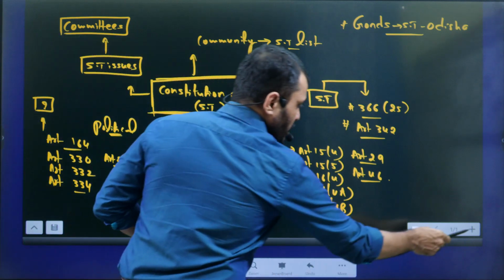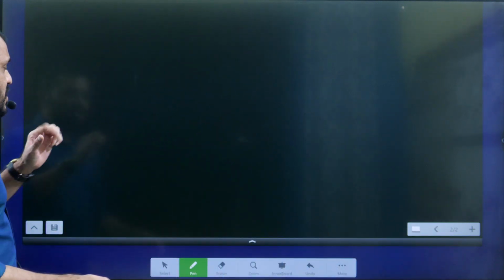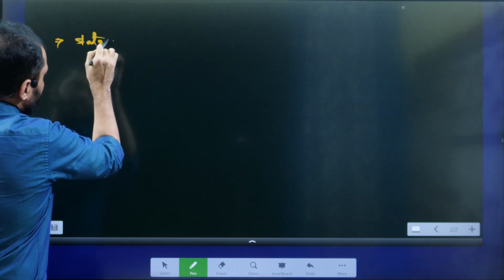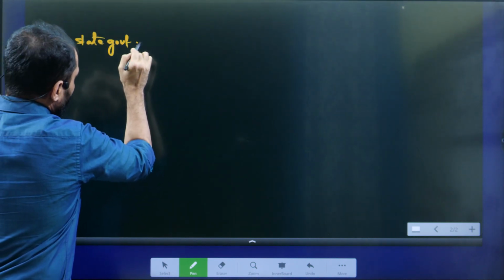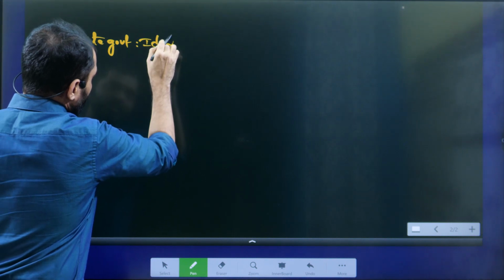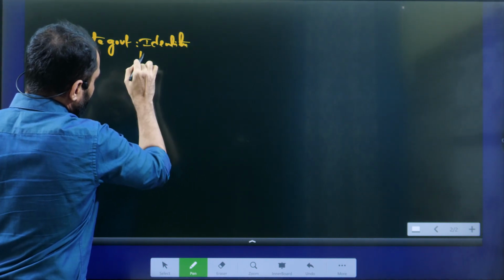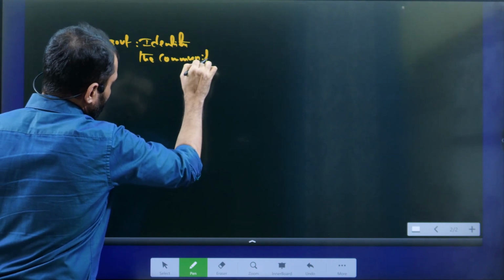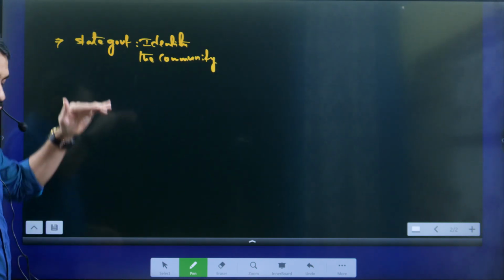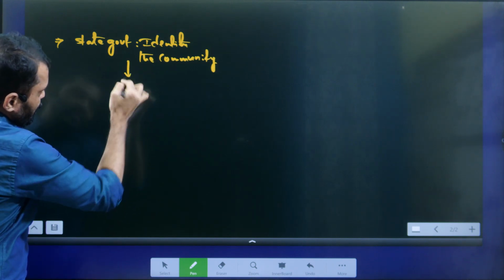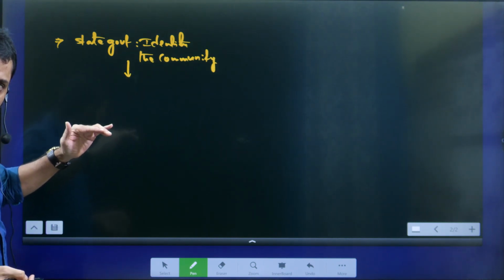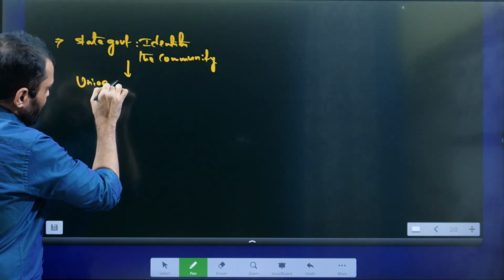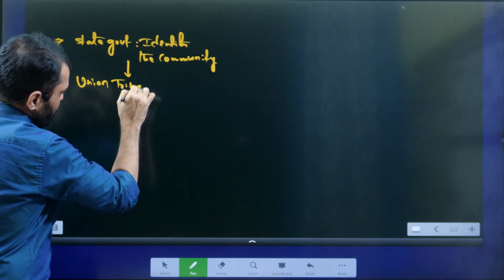Listen carefully. Now, what is the procedure? First, it always starts with the state. State government identifies the community, whichever community they wanted to include under ST. Once they identify, the proposal will be forwarded to the union tribal minister, students.